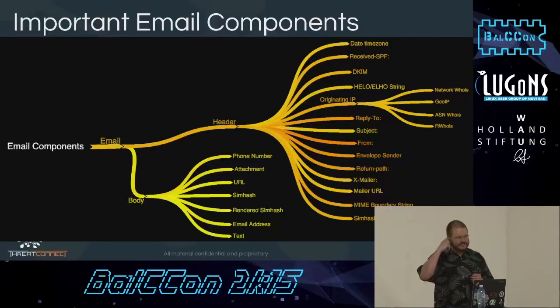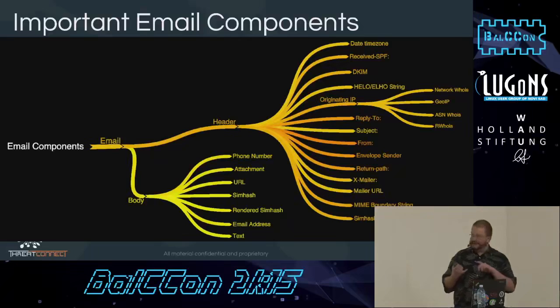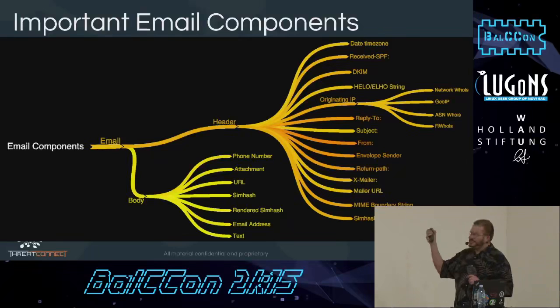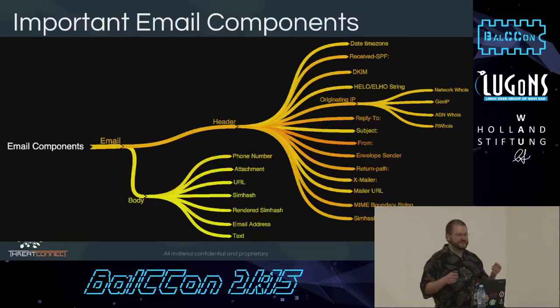So in this case, it's good to find this information. You can find forged DKIM keys. Also, with SPF, if you see SPF fail, pay more attention to that particular piece of spam.